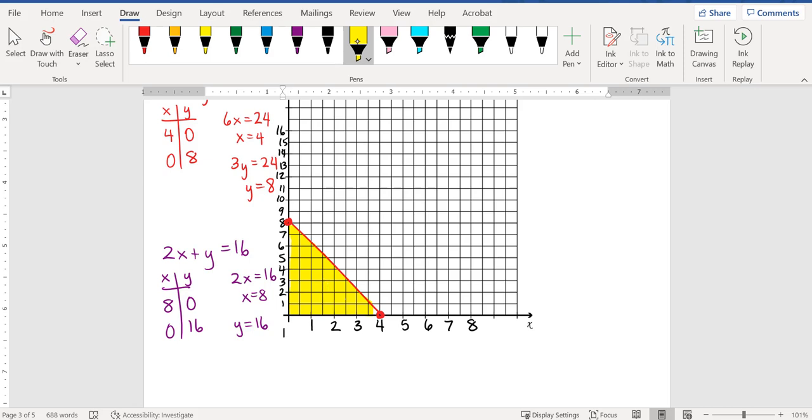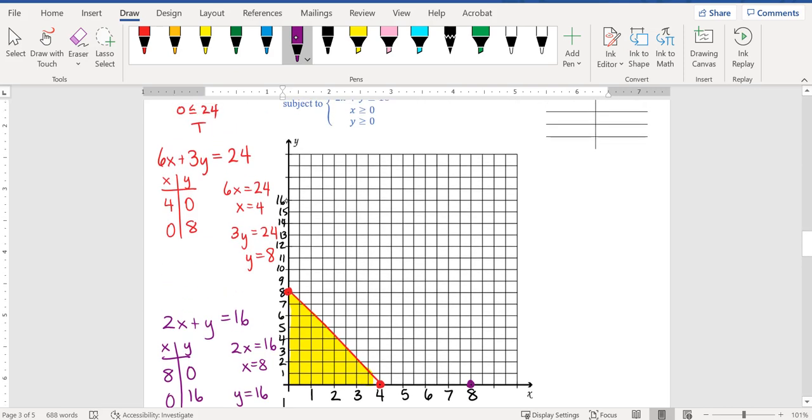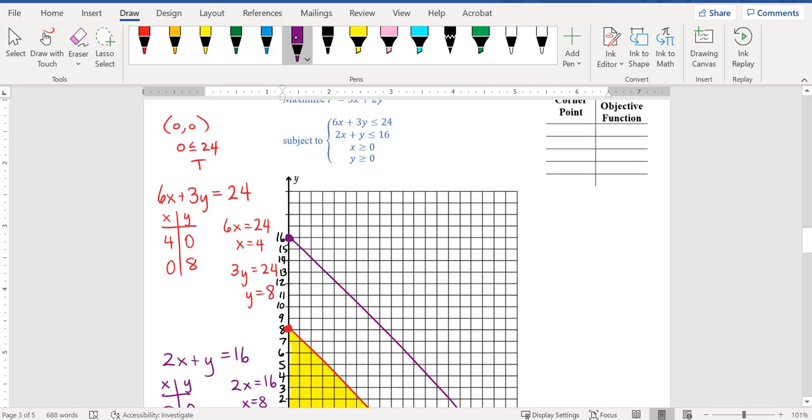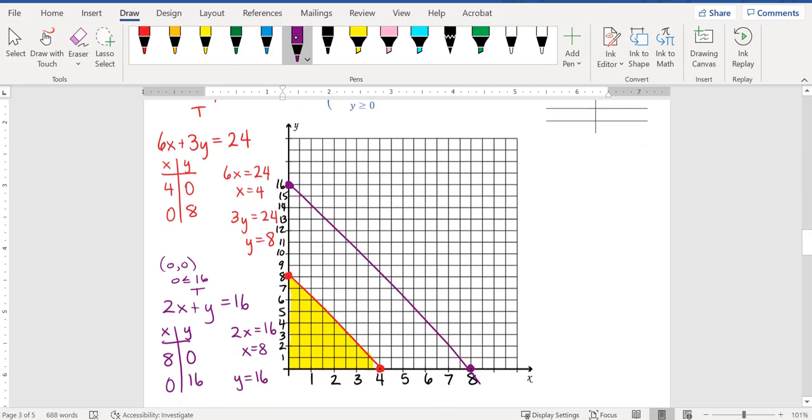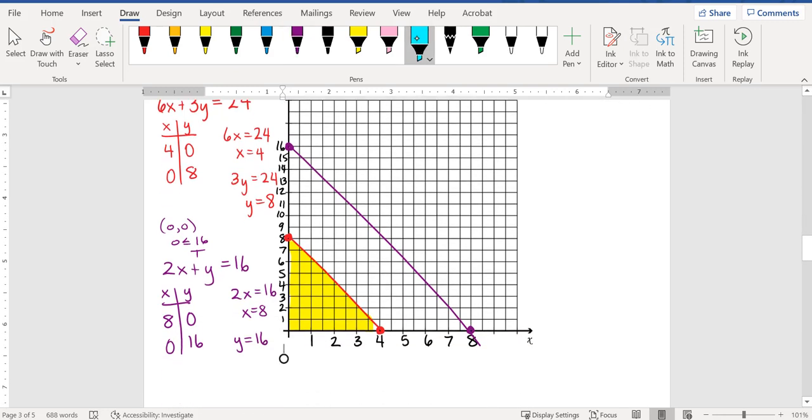All right. Now for the second line, I had the point 8, 0, and I have the point 0, 16. If I pick a test point, let's say 0, 0, and I plug it in here, I get 0 less than or equal to 16. That's a true statement. So I want to shade 0, 0.